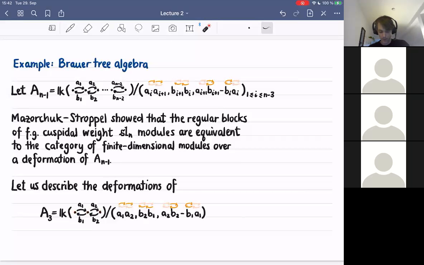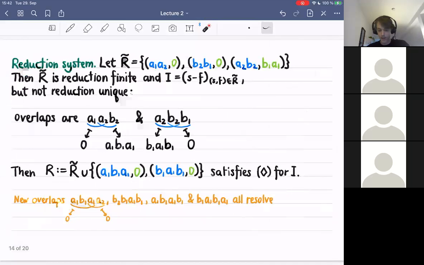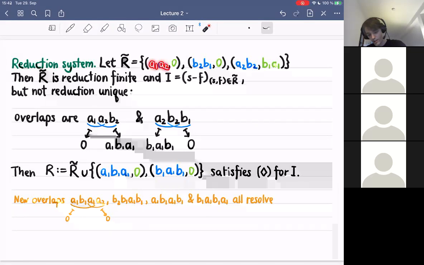In order to describe the deformation theory, we said we should work with a reduction system. We can try to guess it from the ideal. The first guess would be to choose the relations here. A1, A2 should map to 0. This was one of the relations. B2, B1 was the other relation.